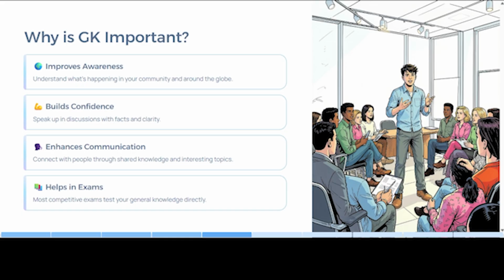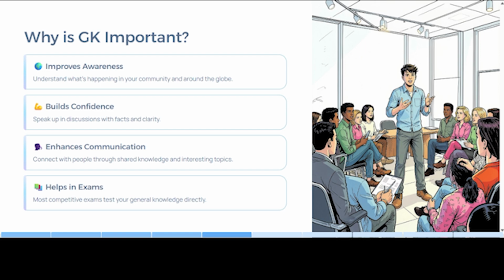Second, it builds confidence because we can participate in conversations with useful information. Third, it enhances communication, because it gives us interesting topics to discuss with others. Finally, GK is very important for competitive exams, quizzes, and interviews. Learning GK regularly can make the biggest difference in both education and career success.